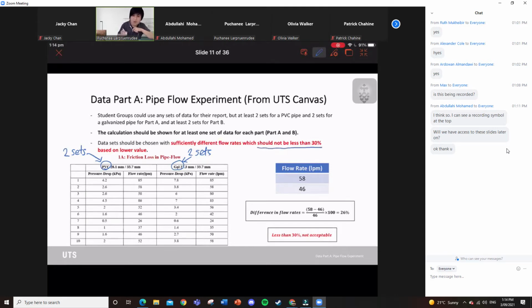For example, if I select 58 and 46, the difference is 26%, which is less than 30%, so we can't use this one. And don't forget that you need to include your calculation, at least one set of data for each part A and part B.